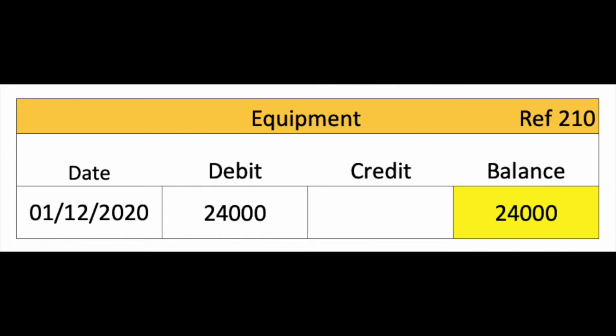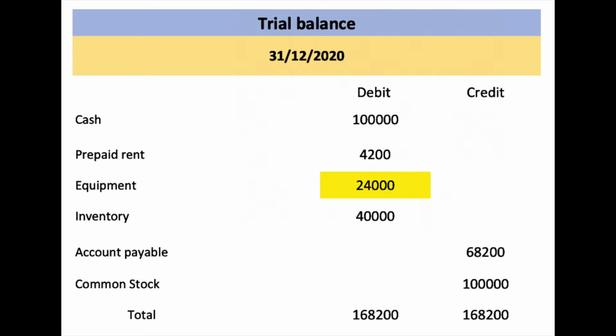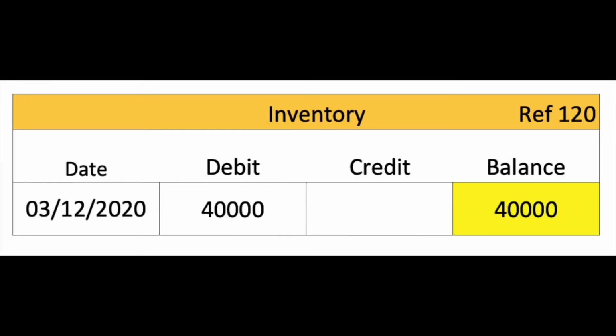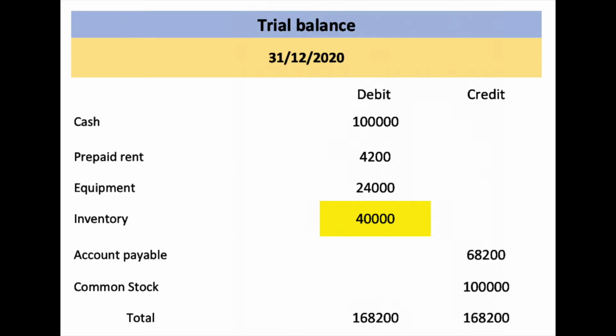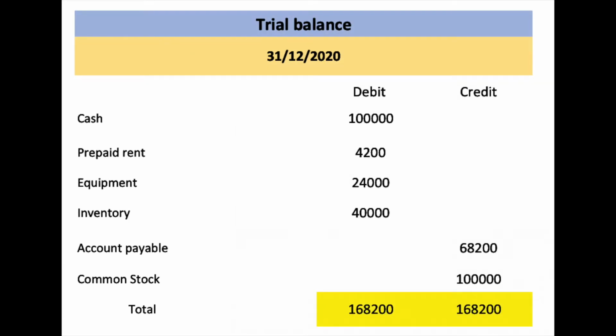Five. $24,000 of equipment in account number 210 is transferred to the trial balance. Six. $40,000 of inventory in account number 120 is transferred to the trial balance. Total debit side equals total credit side.